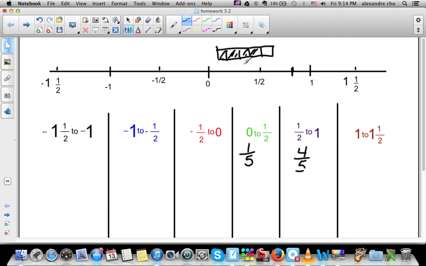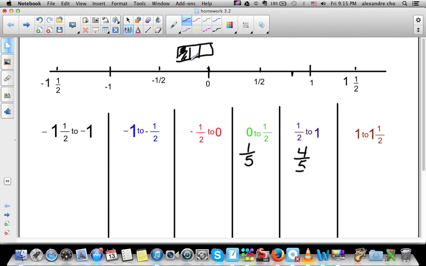Okay, -1/3. It's something that's cut into 3 pieces, and you've got to decide whether -1/3 is between 0 and -1/2, or -1/2 and -1. So again, take that bar, and this time you cut it into 3, and you take one piece.